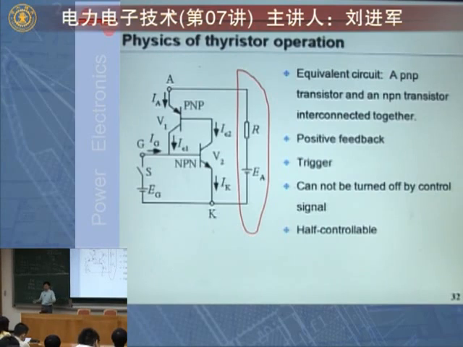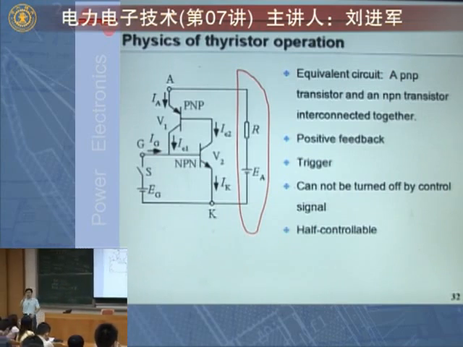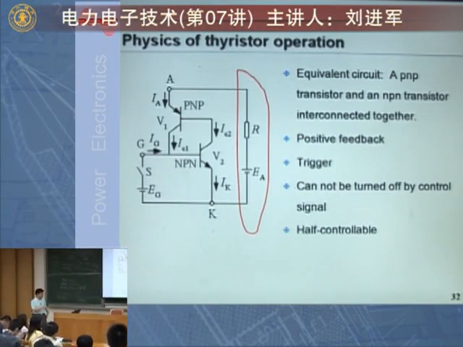You do not apply any signal to G, then these two transistors are connected in this way. Even when you apply a positive voltage to terminal A and negative voltage to terminal K, nothing would happen because those two transistors are not turned on. No currents are injected into the base of these two transistors. So there will be no current flow.